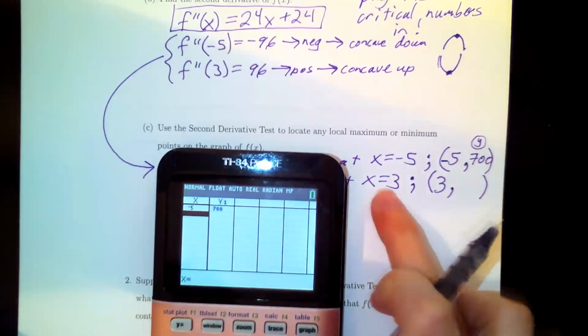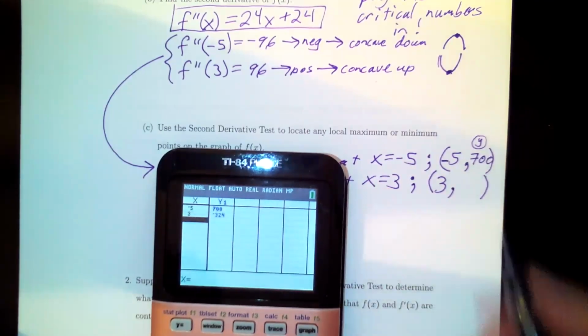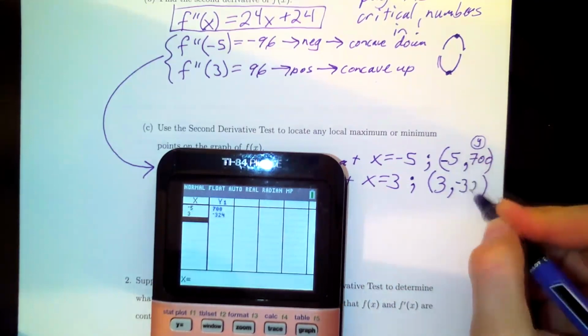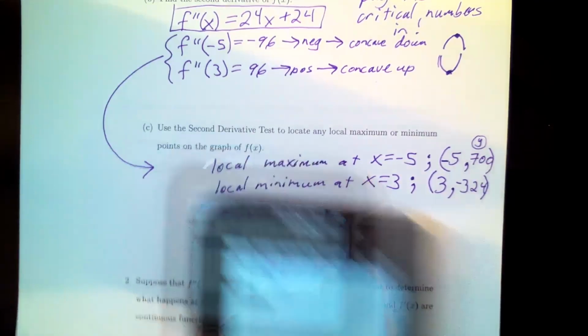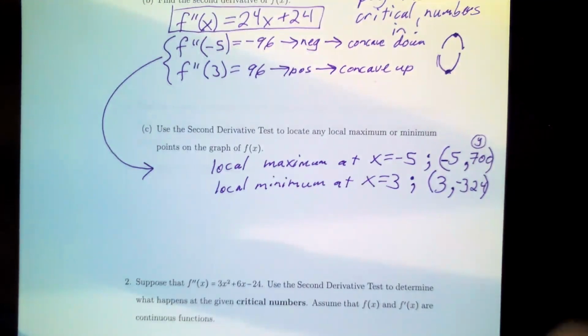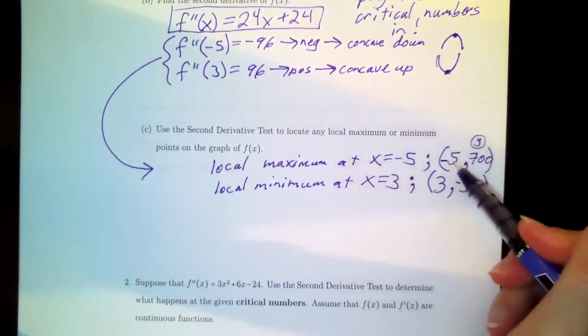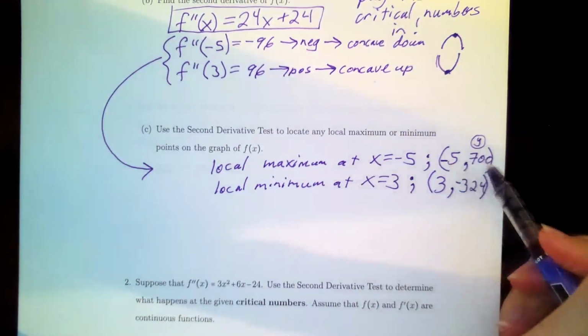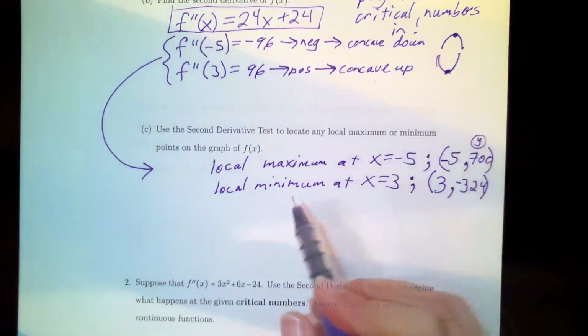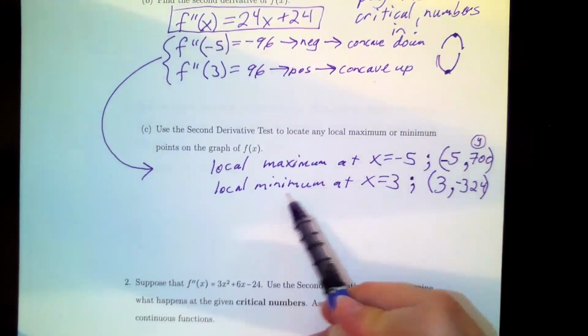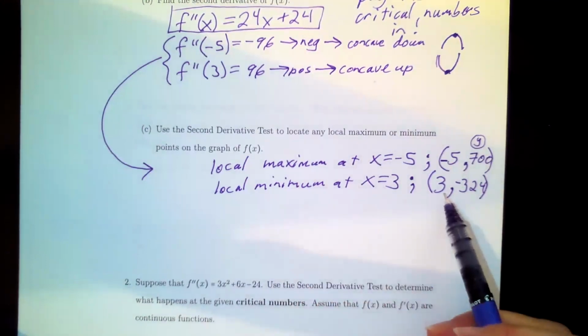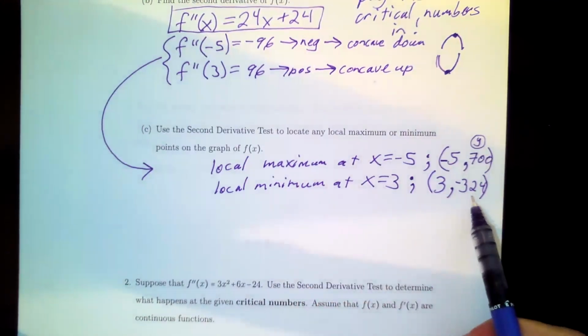When you punch in your x value of 3, we get a y value of negative 324. So the local maximum occurs at negative 5, and the local maximum is 700. Similarly, the local minimum occurs at 3, and the local minimum is negative 324.